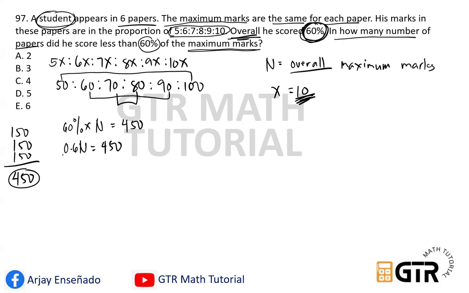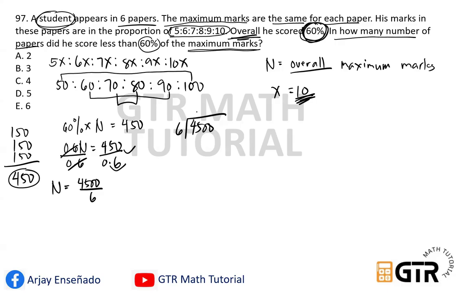To get the value of n, divide both sides by 0.6. Cancel this. Therefore, the value of n is equal to, since we have a decimal divisor, multiply both the numerator and denominator by 10, or simply move the decimal point. So we have 4,500 divided by 6.